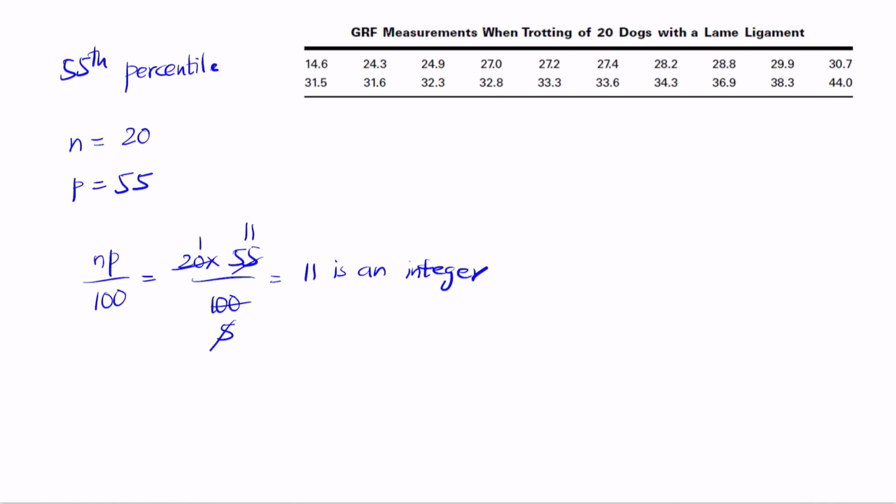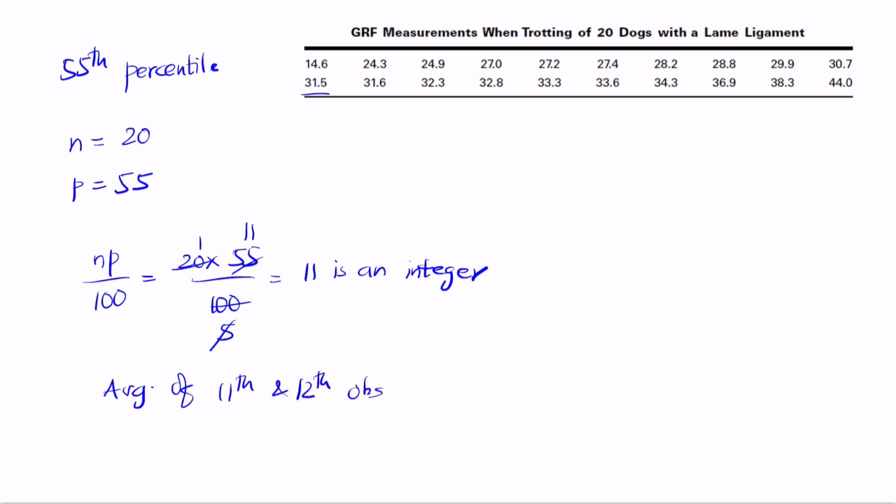Which means that we are going to take the average of the NP by 100th and NP by 100 plus 1th observation. If you don't want to write this, what you can do is, if it's an integer, take the average of that observation and the next observation. So here 11 is the NP by 100 value, so take the 11th and 12th observation.